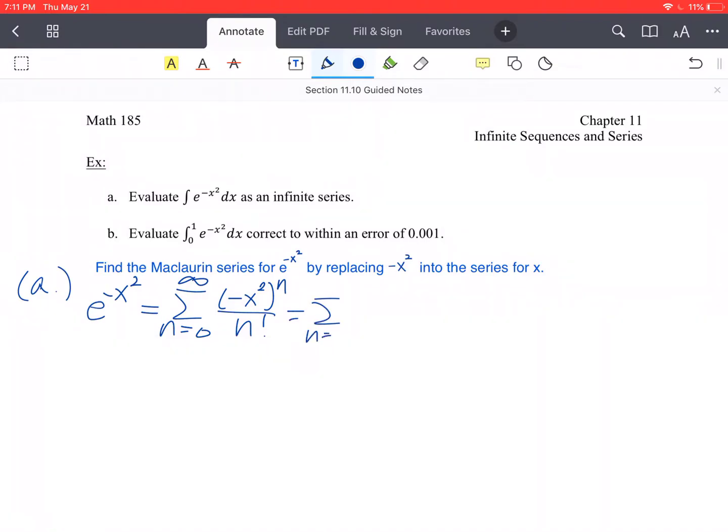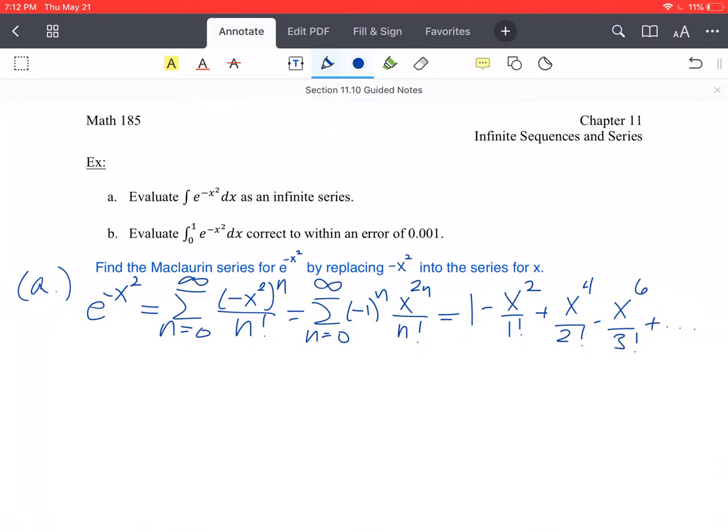If we break this apart a little bit to make it easier to work with, this gives us negative 1 to the n times x to the 2n over n factorial, which, if we write out a few terms, looks like 1 minus x squared over 1 factorial plus x to the 4th over 2 factorial minus x to the 6th over 3 factorial, etc. Notice it's alternating positive, negative. The power in the numerator is always even, and the denominator is just counting up as n increases.